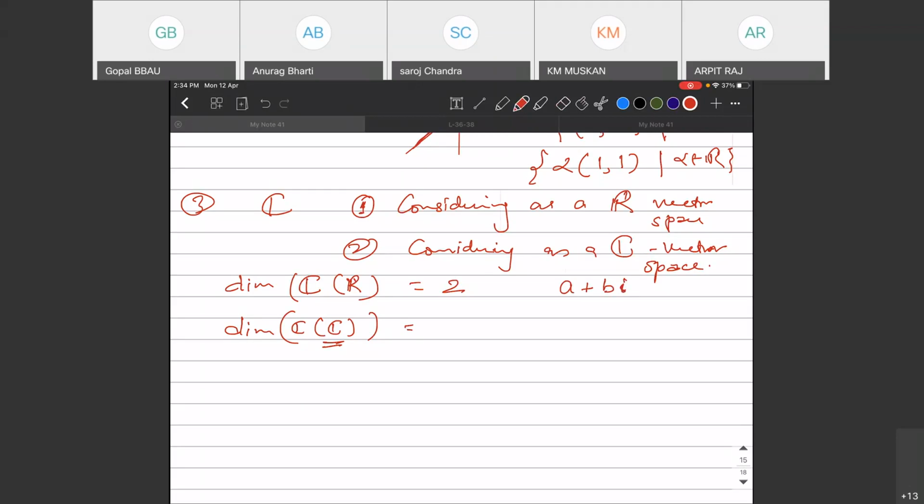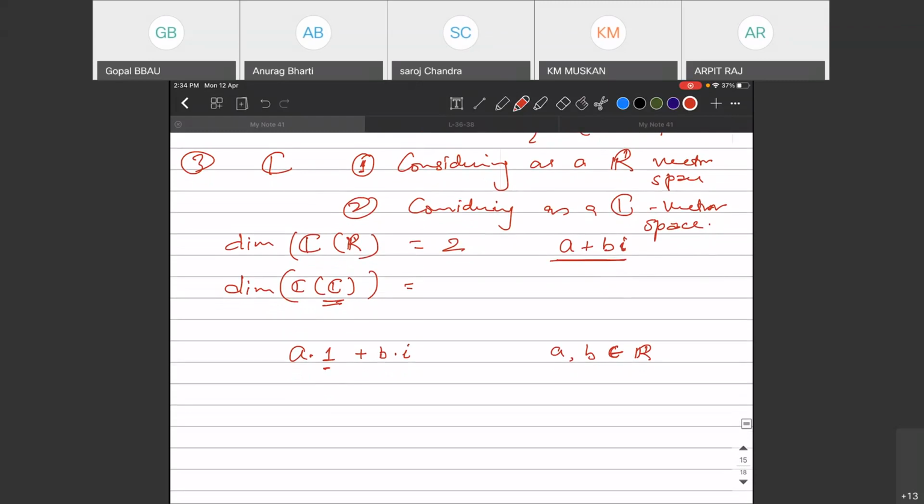Is this a complex number? Yes sir. Okay, so let's see, this complex number can be written in this form: a dot 1 plus b dot i, where a and b both are real numbers, and this one is a complex number.